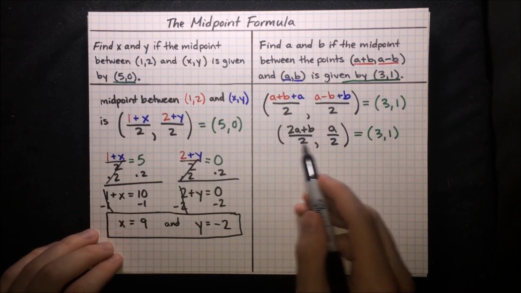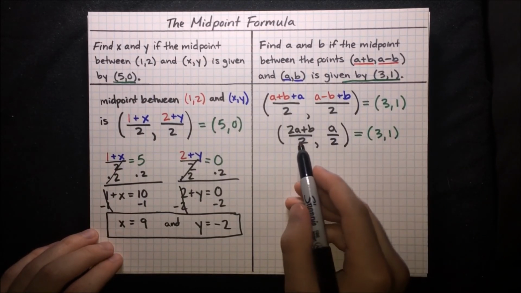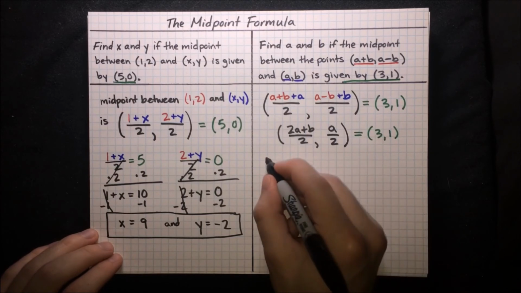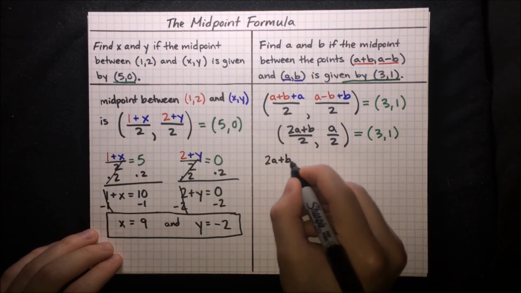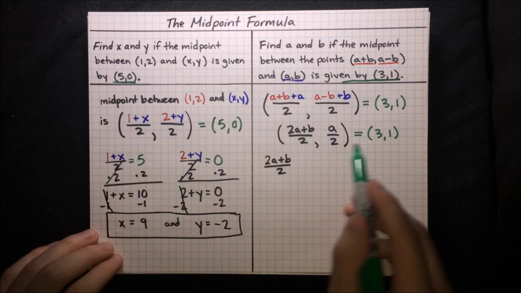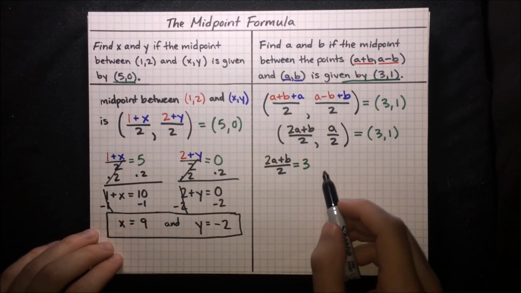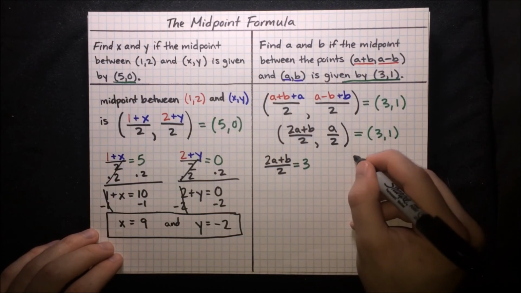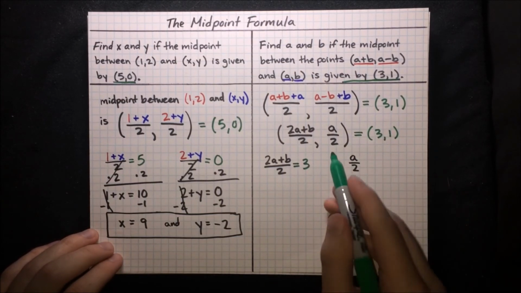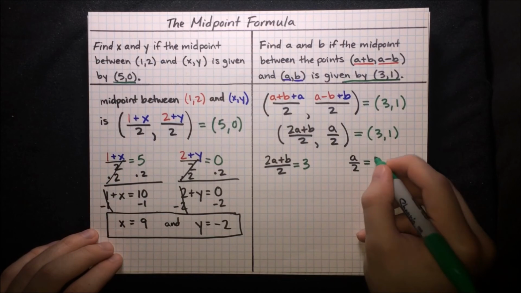And thus we can set up 2 equations. The first one we can get by equating the x components here. So 2a plus b over 2 is equal to 3. And the second equation we can get by equating the y components. So a over 2 is equal to 1.